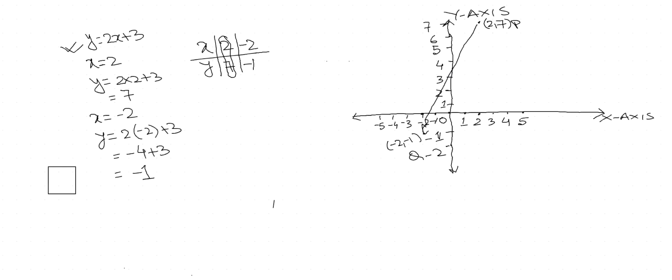This is the homework. The equation is y equals 2x plus 3. Same thing you have to do. Then for one more you have to do y equals 2x minus 3. So these are the 2 homeworks. This is the homework you all have to do, and tomorrow I will check.